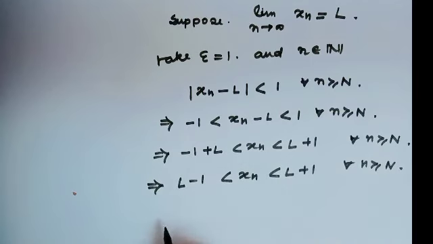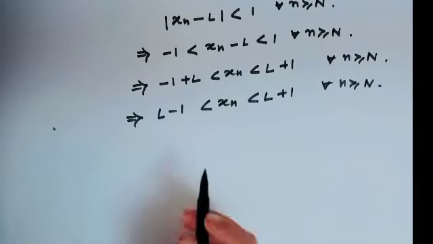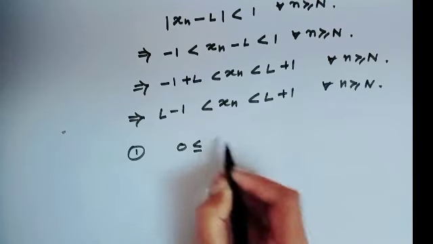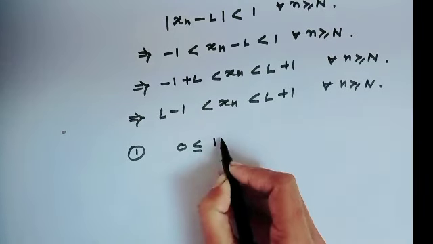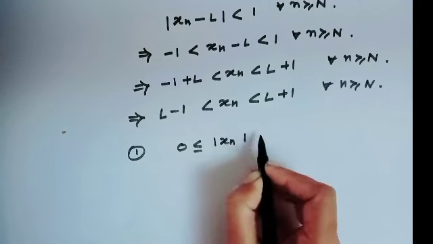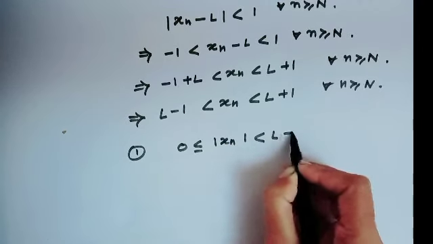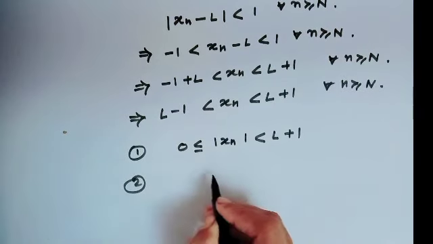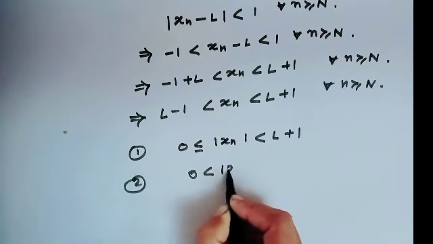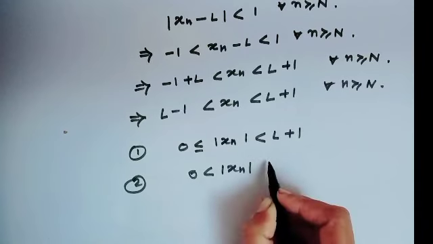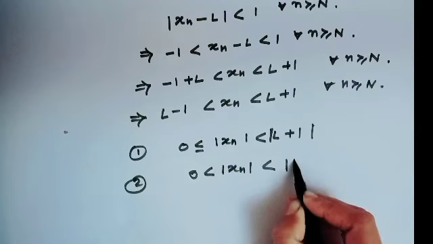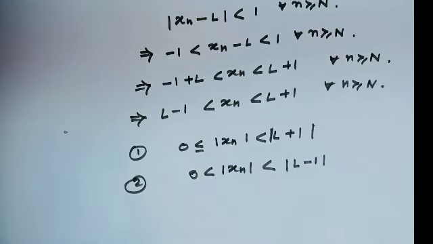What are these inequalities? The first inequality is 0 less than or equal to xn less than modulus of L plus 1. The second inequality is 0 less than xn less than modulus of L minus 1.